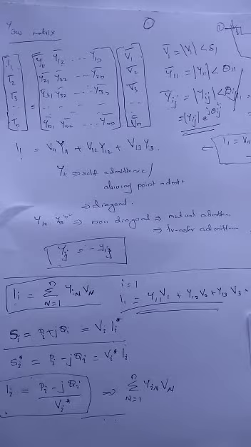Unlike the impedance matrix, which requires an impedance building algorithm to form it, if any modification is required in the admittance matrix, it is very easy, because we only add or remove the corresponding matrix elements, that is Yij and Yji.